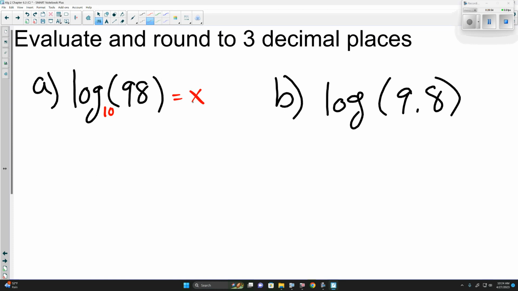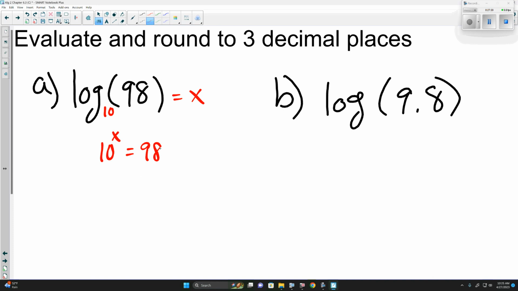If I rewrote this as a logarithm, we would say 10 to the x is equal to 98, yes? 10 to the first power is what? 10, yes? 10 squared is 100. 98 is just under 100. So if 10 squared is 100, the value of x should just be under 2.